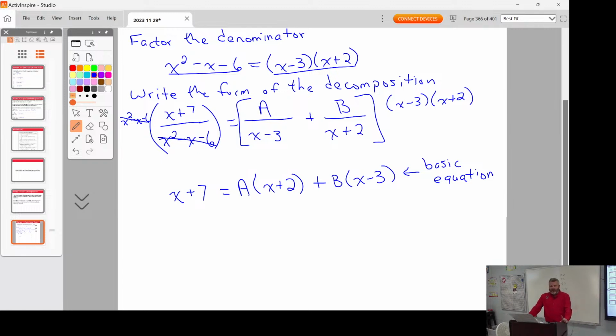Y'all good with that? This equation is true for all x values. So what problem do we have up here? If x can be anything, what's our problem? What do we not know? We don't know a and b. That's the problem.